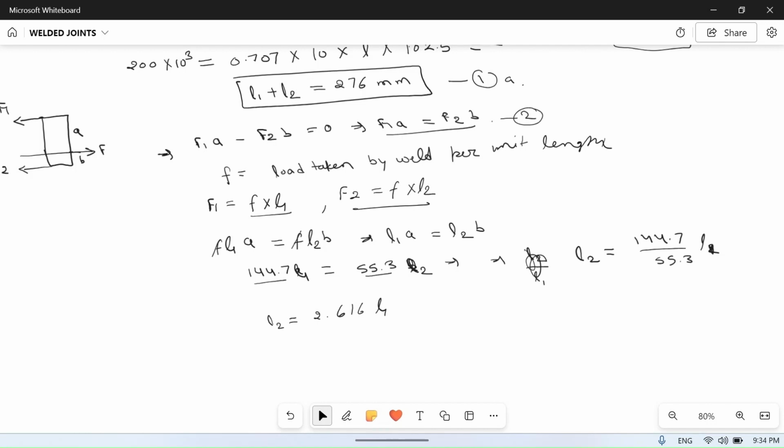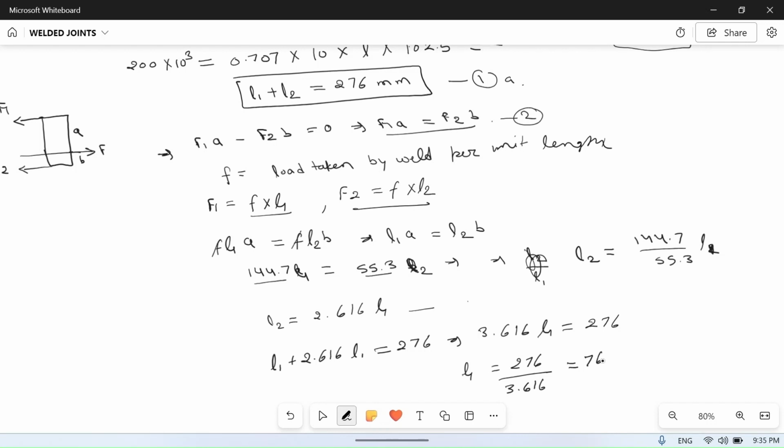Now if we put value of L2 in equation number 1A, then you will get L1 plus 2.616 L1 is equal to 276, or 3.616 L1 is equal to 276. So from here you will get L1 is equal to 276 divided by 3.616. So L1 will be equal to 76.33.